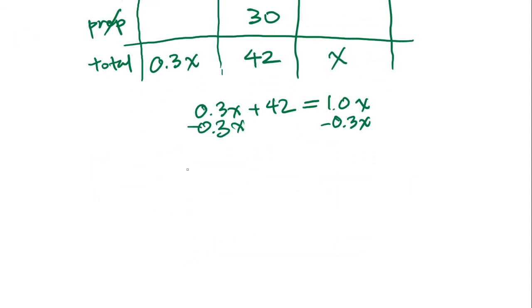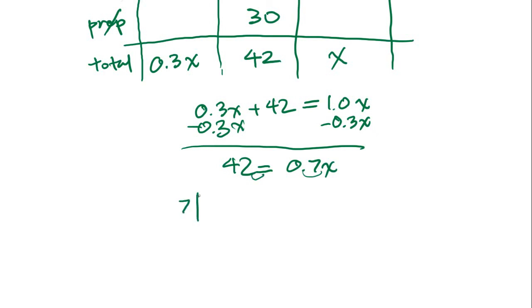And what are we left with? 42 equals 0.7x. Move the decimal over 1, and 7 goes into 420 60 times. And 60 is going to be answer A.